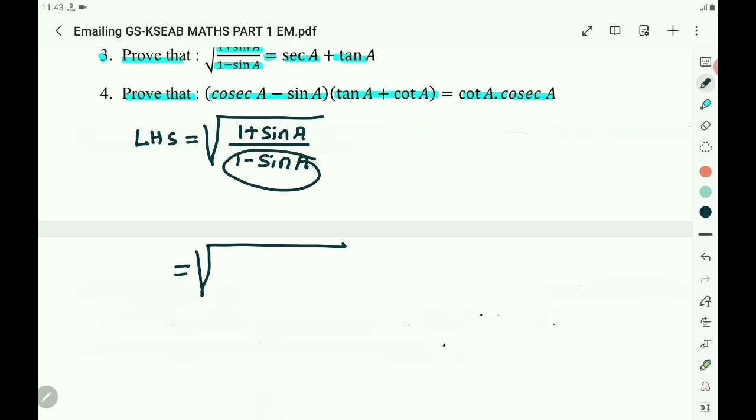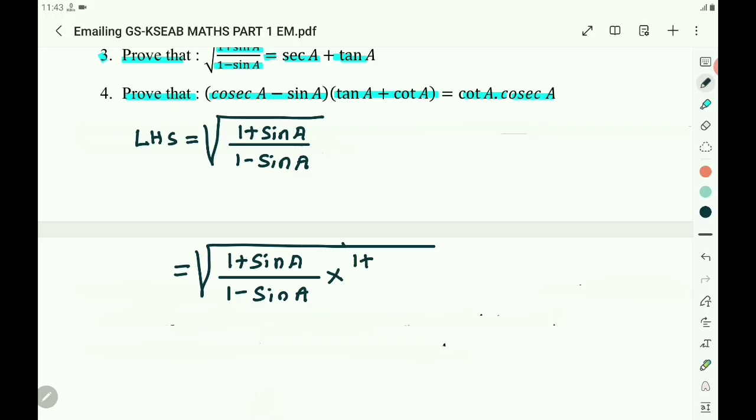Here 1 minus sin A is there in the denominator. Then write 1 plus sin A by 1 minus sin A. Under the root only we have to multiply into 1 plus sin A by 1 plus sin A. By multiplying both numerator and denominator by same term, the value will not change.